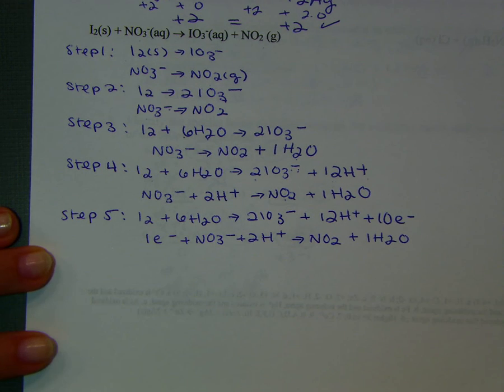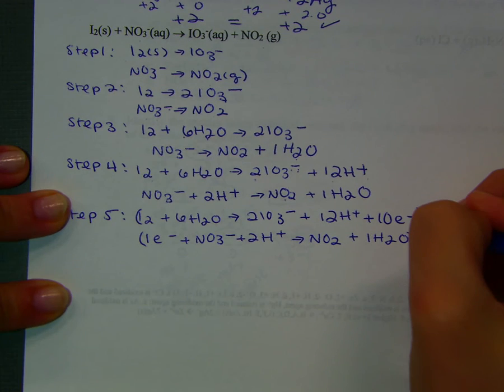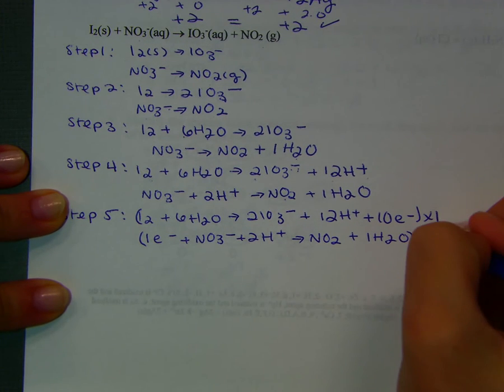And like I said, now we're moving into that final step, multiply and cancel. So I'm just multiplying to get rid of my electrons, nothing else. When I look at this, there's 10 electrons on top and 1 electron on bottom. So the only one I need to multiply through is this last one. I mean, you can technically do the top one, but it's going to be the same. But this one will be times 10.